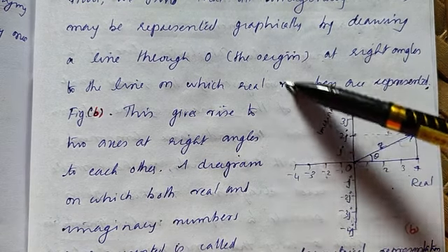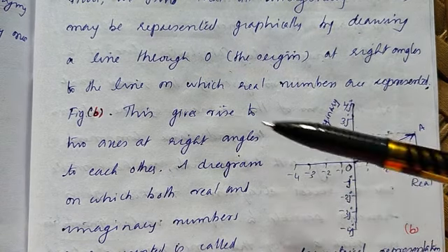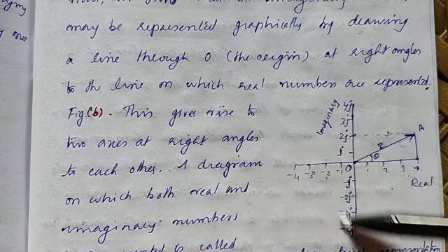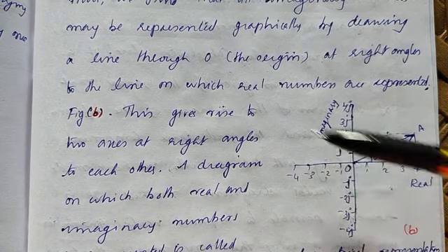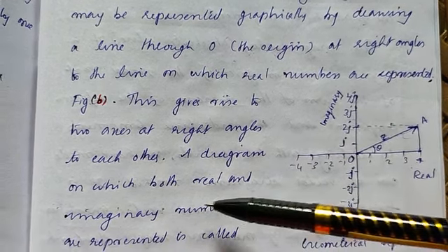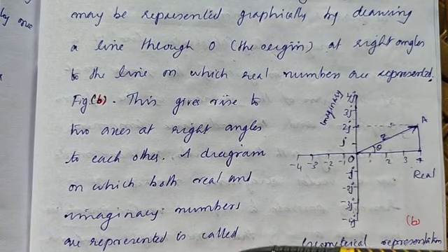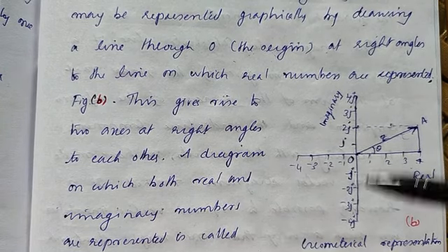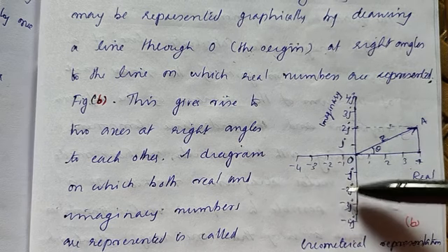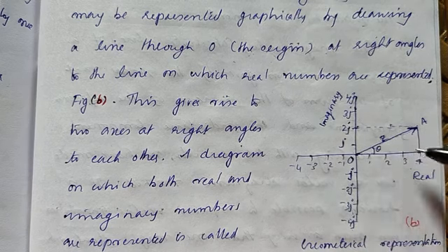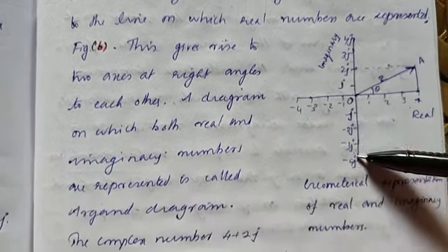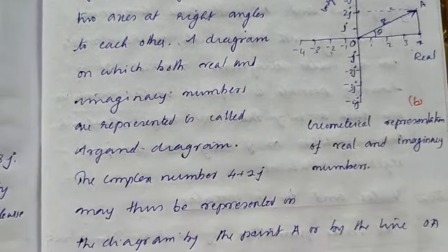So in the graphical representation, it can be represented like this. This gives rise to two axes at right angles. We are talking about this graph, with two axes at right angles to each other. A diagram on which both real and imaginary numbers are represented is called an Argand diagram.